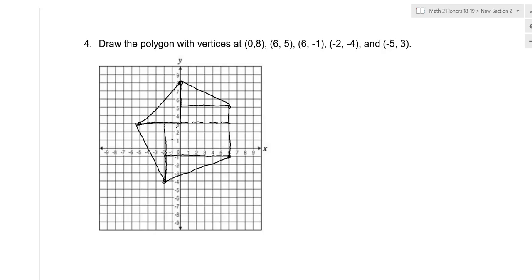So let's start with our area. The red equals 1/2 times 3 times 6, which is 9.